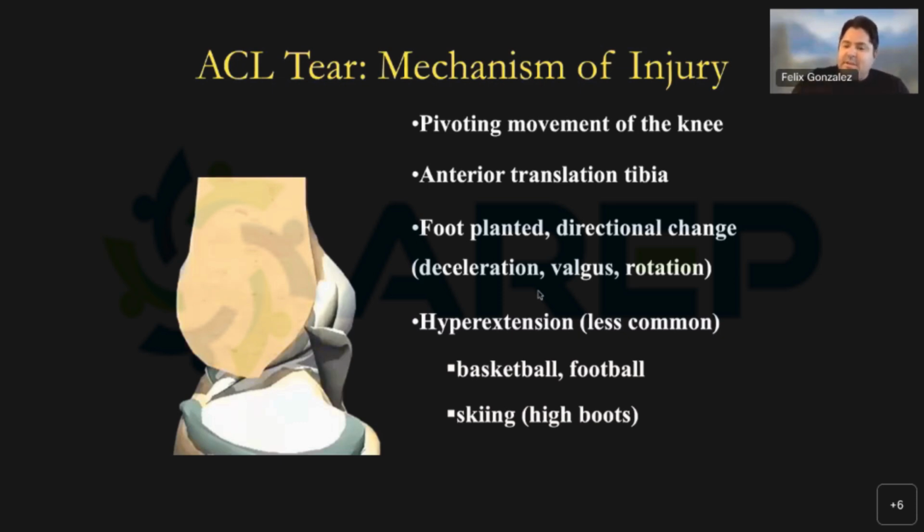So they have deceleration and rotational change, and hyperextension injuries are a less commonly found mechanism of injury in ACL tears. The way I see it, hyperextension injuries commonly happen in the basketball setting or a skiing setting with high boots causing this type of injury, and dancers as well.